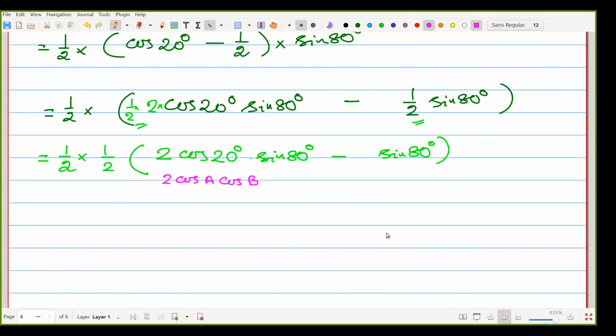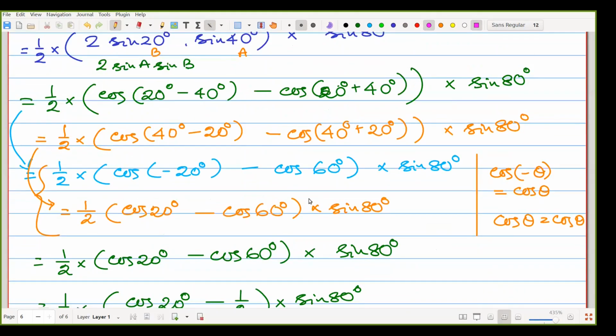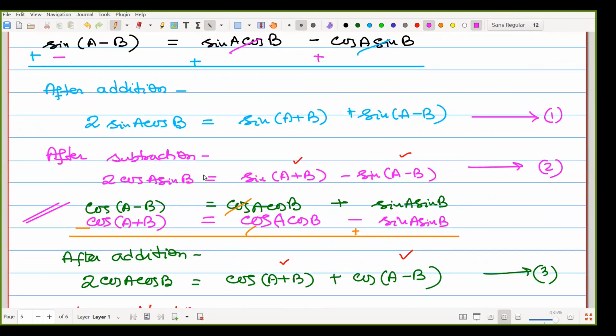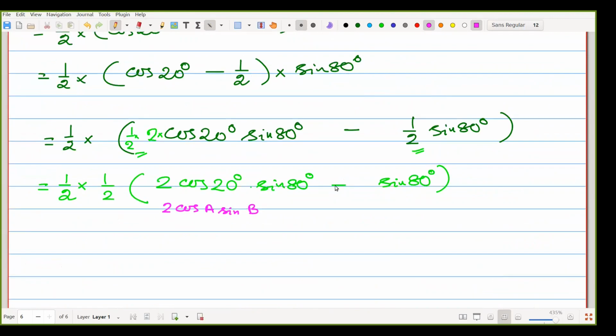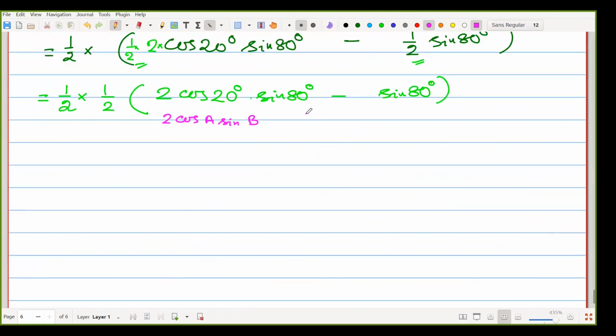Here that one is not cos A cos B. That is cos A sin B. Sorry. So what is the meaning of 2 of cos A sin B? That means sine A plus B minus sine A minus B. So once again, that is sine A plus B minus sine of A minus B.